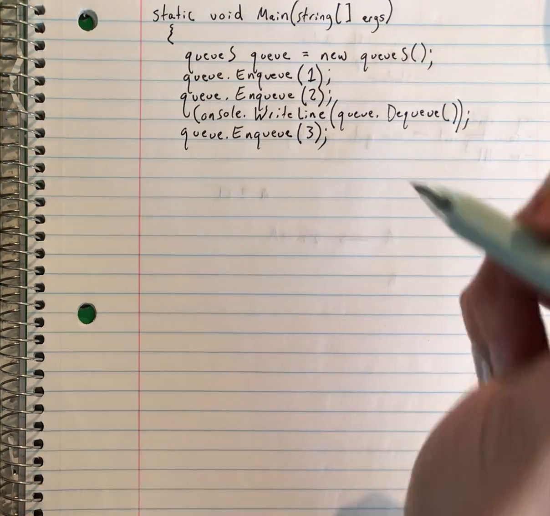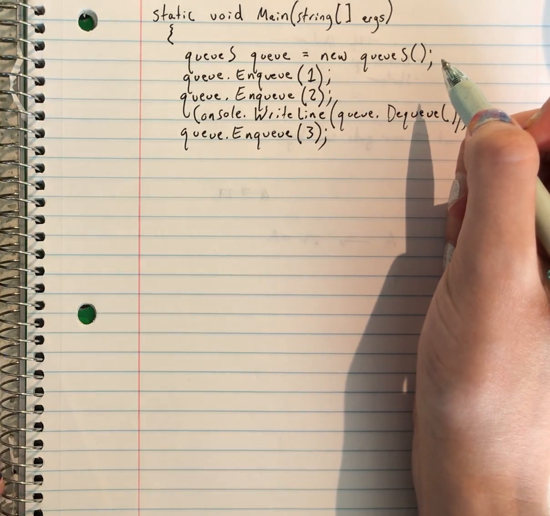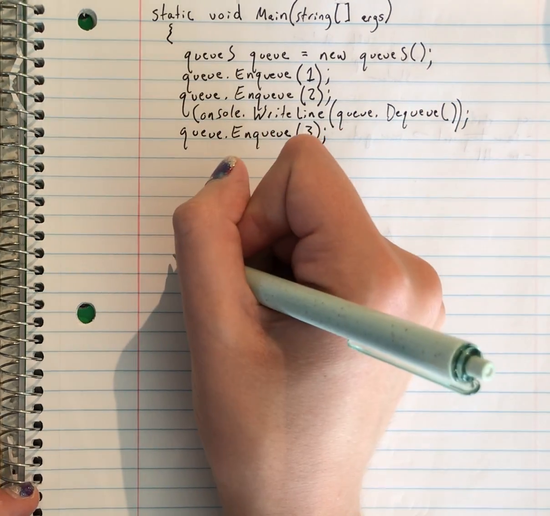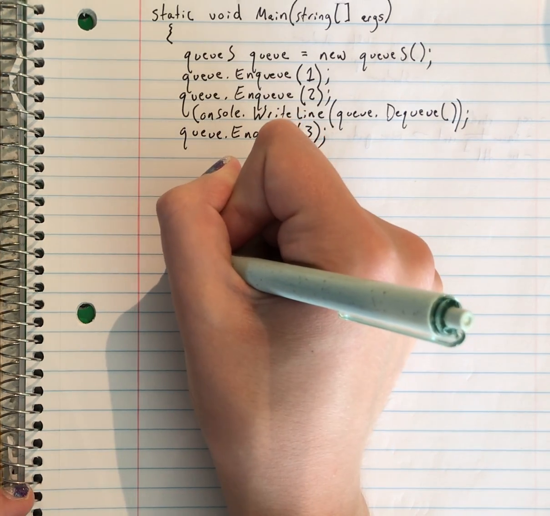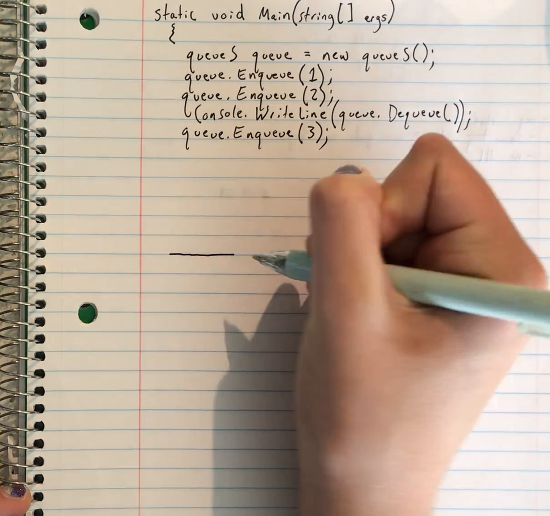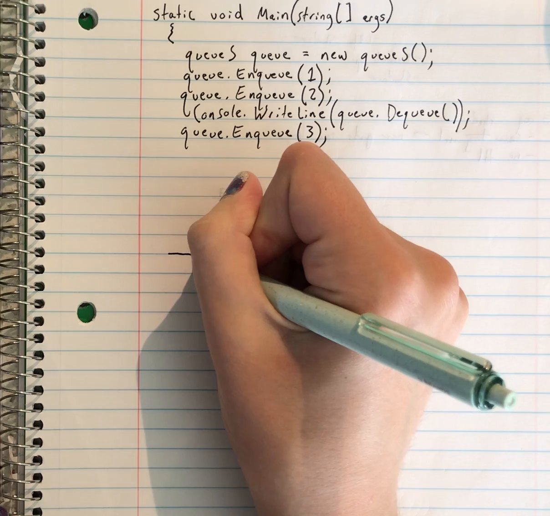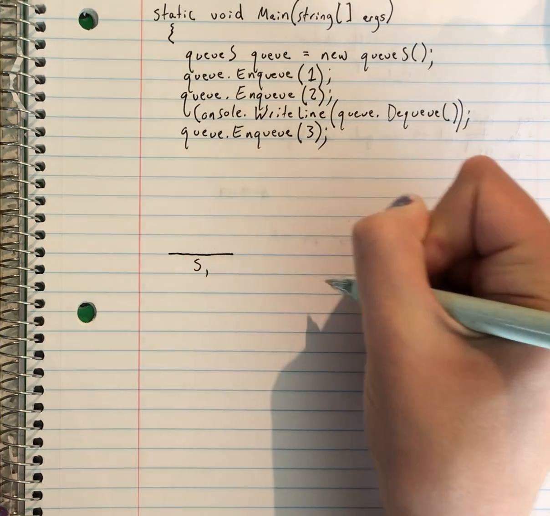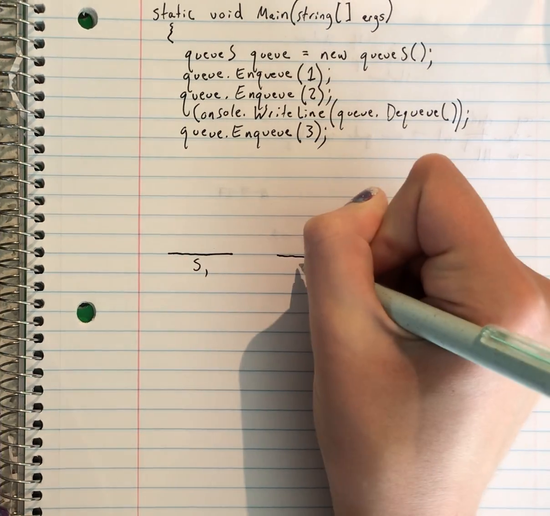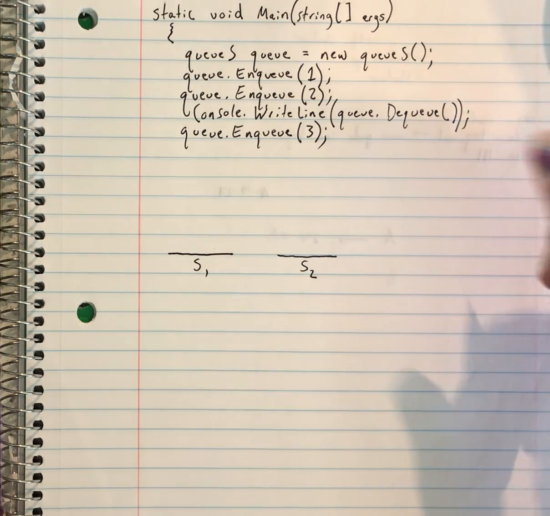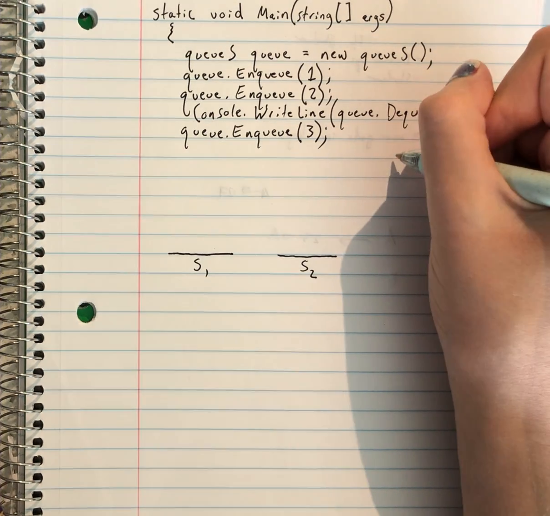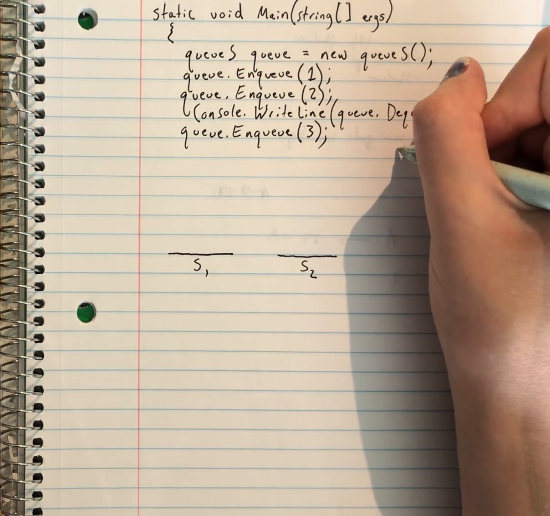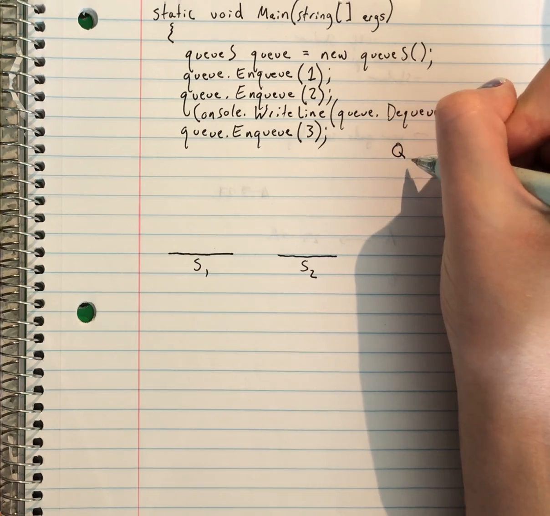So let's run through what would happen in our code. So we have stack 1, stack 2, and we have our idealized queue functionality.